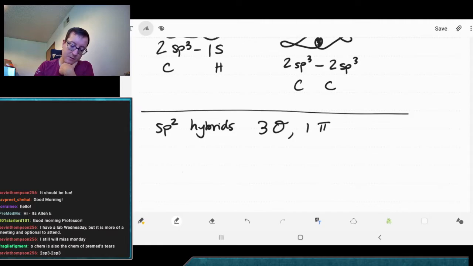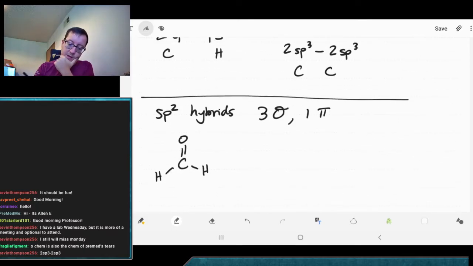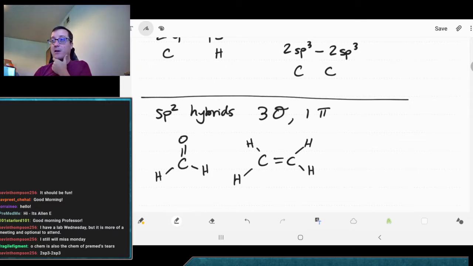Some examples. We saw that the formaldehyde earlier had sp2 hybridization on the carbon and on the oxygen. We can see that something like ethene will have sp2 hybridized carbons.